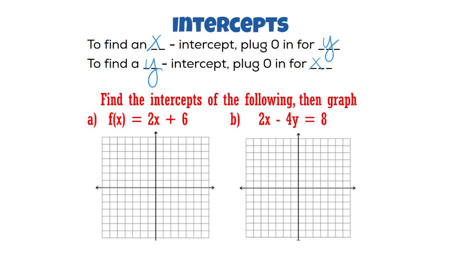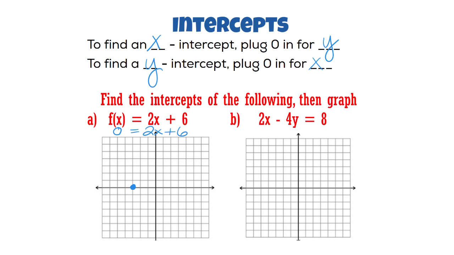So I'm going to find my x-intercept by plugging 0 in for y. So if I plug in a 0 right here, I have to solve for x. I didn't leave us much room to do this because I feel like we could probably do this in our head. I'm just going to subtract the 6 and then divide by the 2. So my x-intercept is going to be a negative 3.